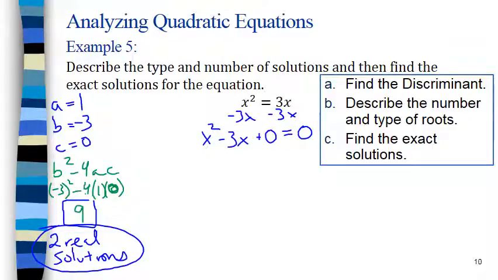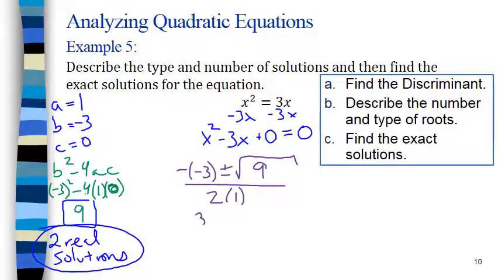using the quadratic formula. So negative of negative 3 plus or minus the square root of the discriminant, which is 9, all over 2a. Negative of negative 3 is positive 3, plus or minus square root of 9 is 3, all over 2. So x equals 3 plus 3 over 2, or x equals 3 minus 3 over 2.